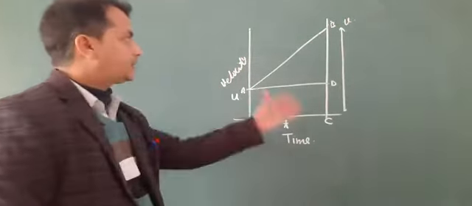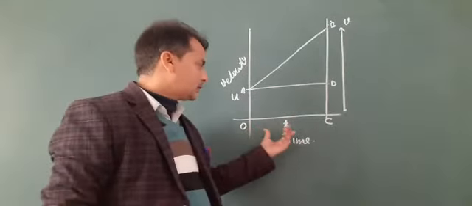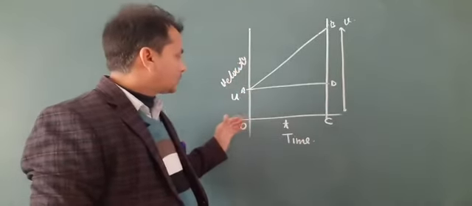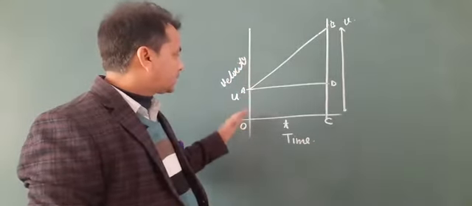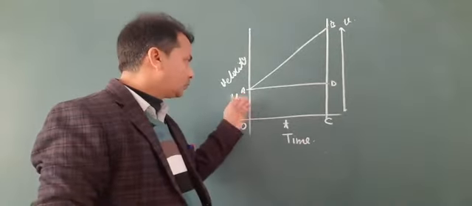It is clear that this is the velocity time graph, and the horizontal line represents time and the vertical line represents velocity. So let us consider the initial velocity of the moving object at point A to be u.